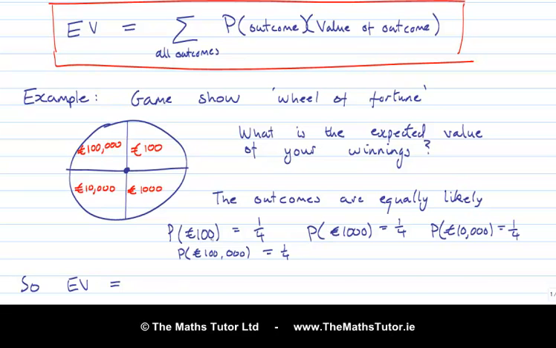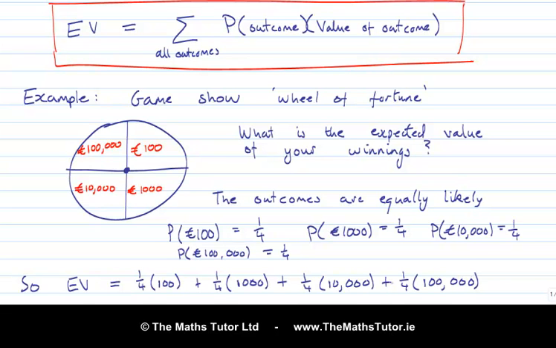So the first outcome is €100, that has probability a quarter, and the value is 100. Second outcome is €1,000, probability a quarter, value 1,000, and so on. The third outcome is €10,000, its probability is a quarter, and value is 10,000. And finally the fourth outcome is €100,000, its probability is a quarter, and its value is 100,000.